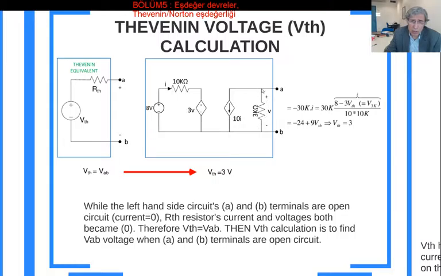If you write the Kirchhoff current law equation for this node, the 3k ohm resistor current is minus 10I. Multiplying by this 3k is going to give you this voltage. This voltage is that V. V is minus 30k I. So what is I?